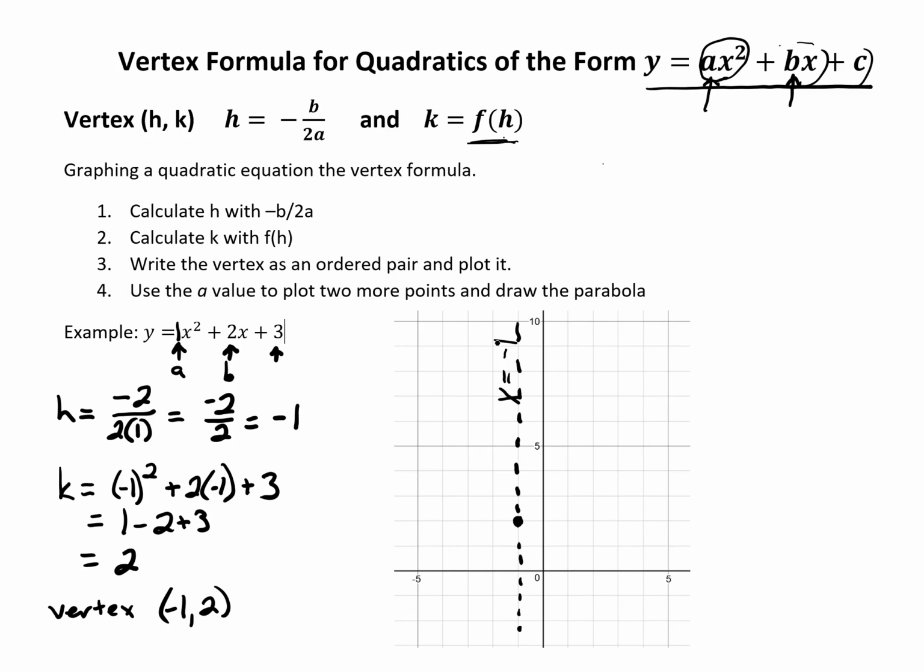The nice thing is this a value is going to tell us if the graph opens up or not. So in this case, a equaled 1, and if a is positive, the graph will open up. And if a is negative, the graph will open down.